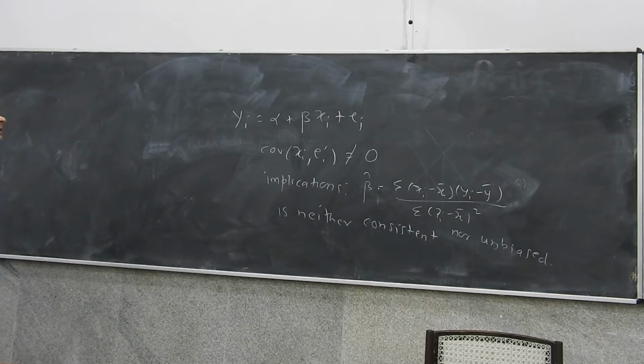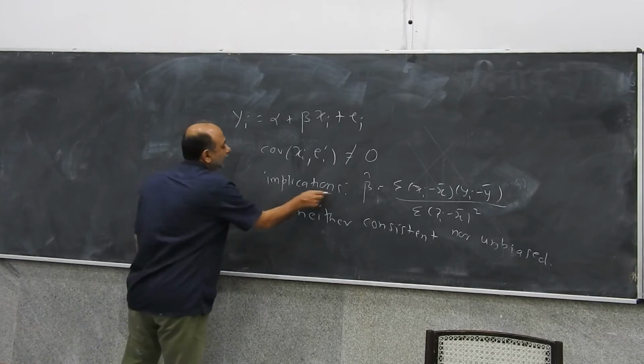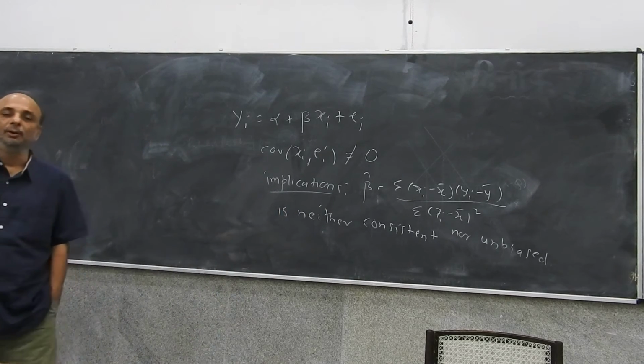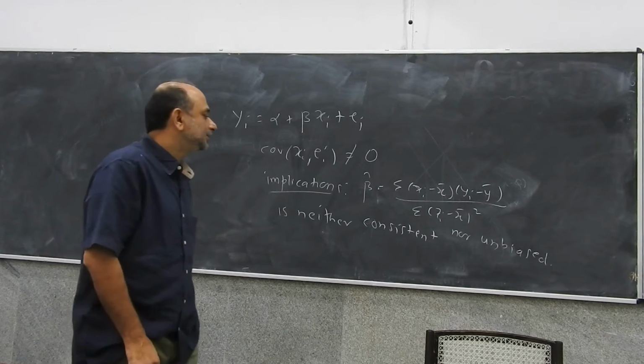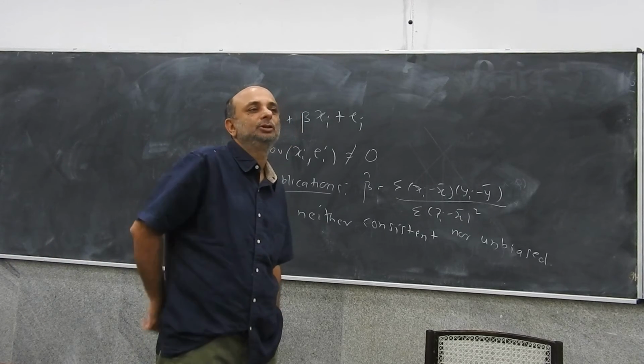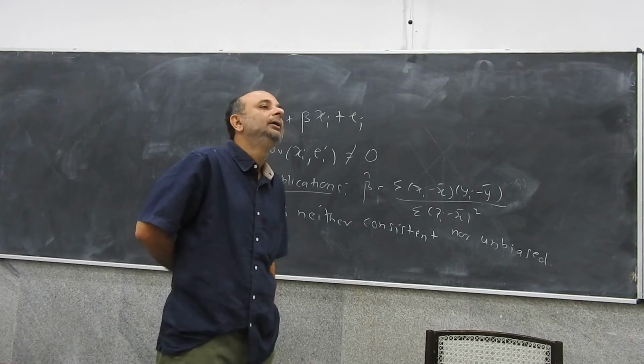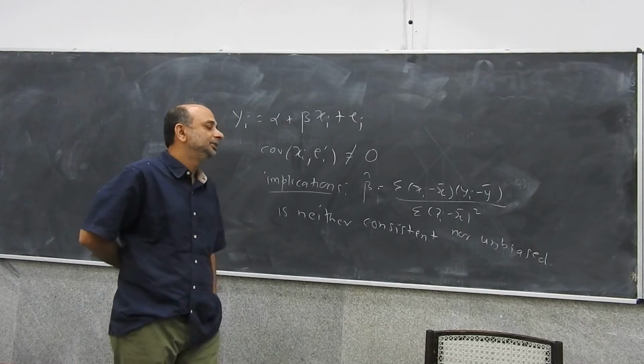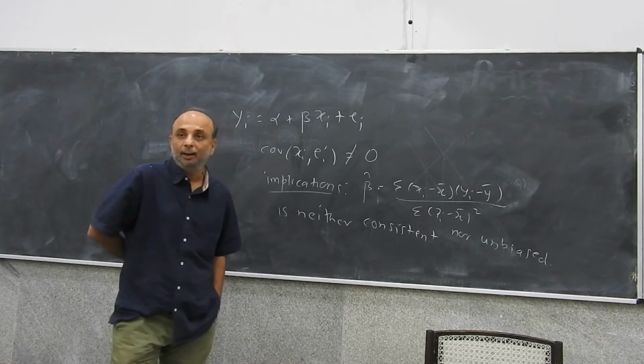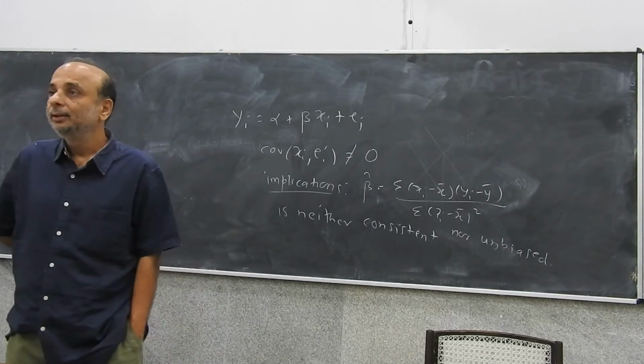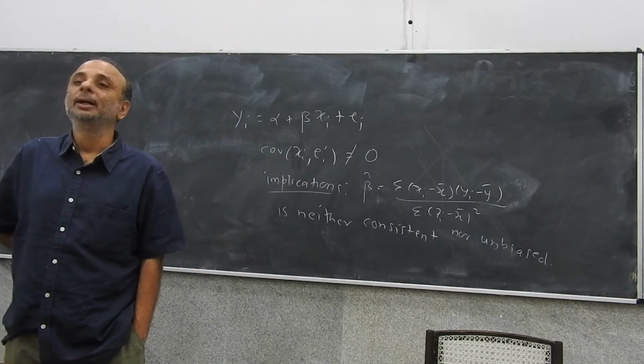Okay, so if x and e are correlated, we know that the implication is, if you use the formula beta hat is summation xi minus x bar, y minus y bar upon summation xi minus x bar square, that is neither consistent nor unbiased. Right? And why is it neither consistent nor unbiased?